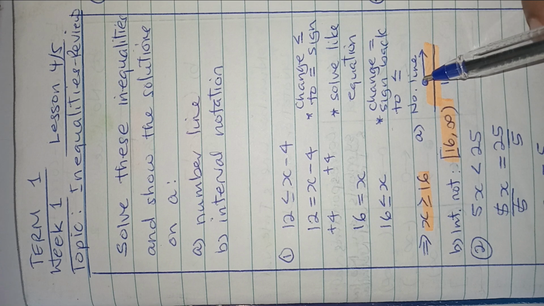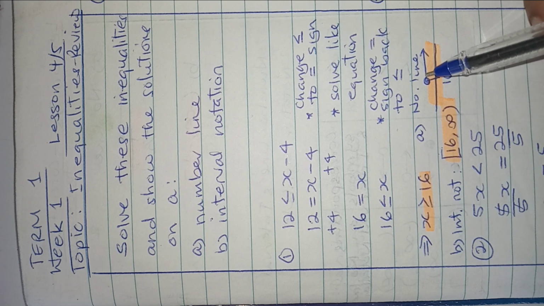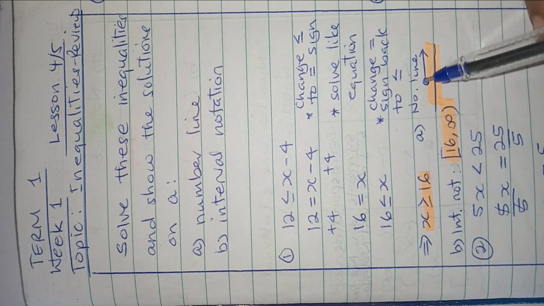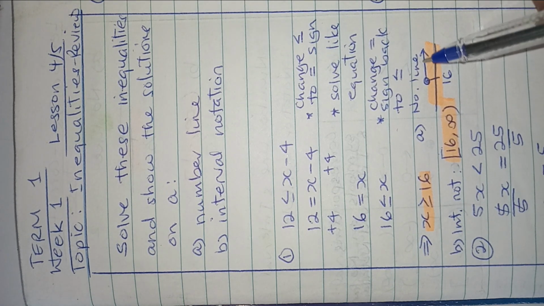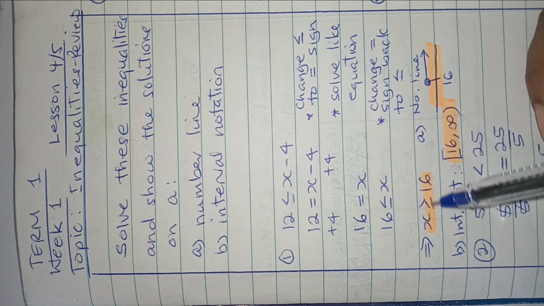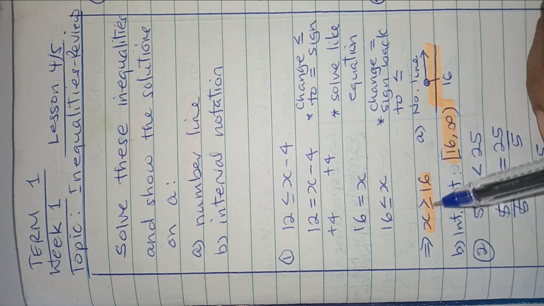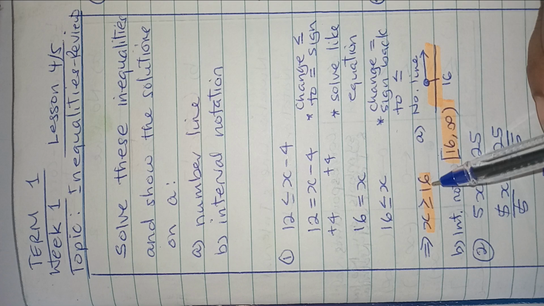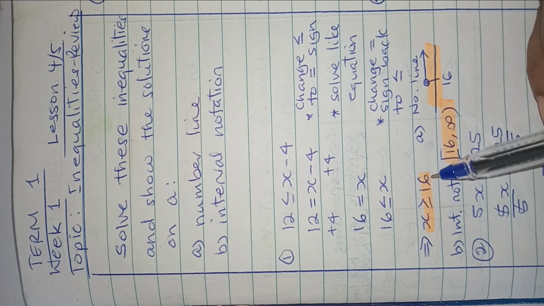Now the other values of x in the solution will come from the arrow. The arrow will show the other solutions of x. Our solution here says x is greater than 16.